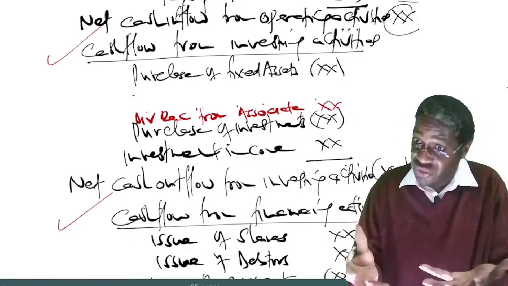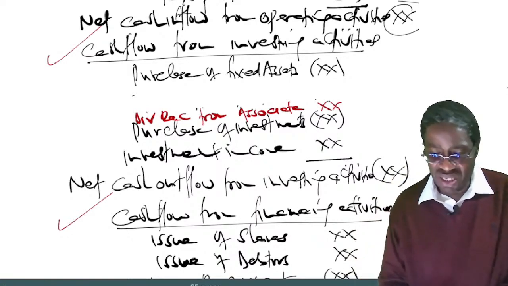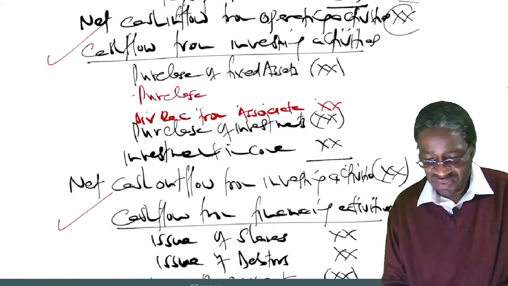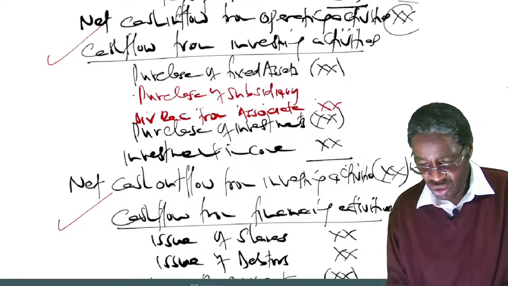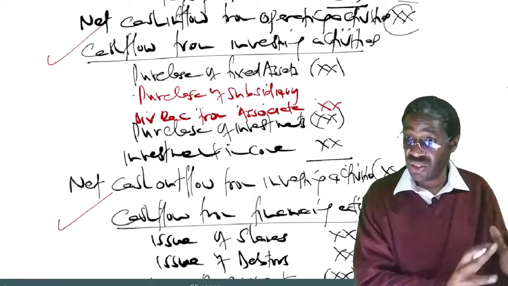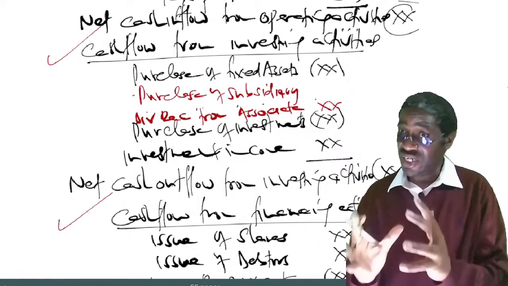A subsidiary is an investment. We should come and say purchase of subsidiary. I want you to listen carefully, because you never had this in financial accounting 1. You never had this in financial reporting.